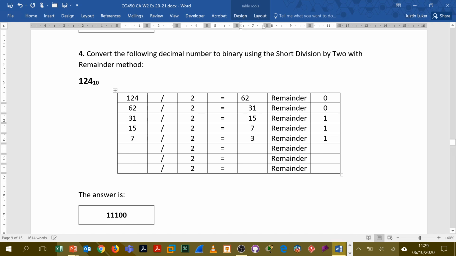So that'll be 3, remainder 1. And again, we've got another remainder straight away. Odd number. So 3 divided by 2, so must be 1. And again, 1 divided by 2, and we would say 1.